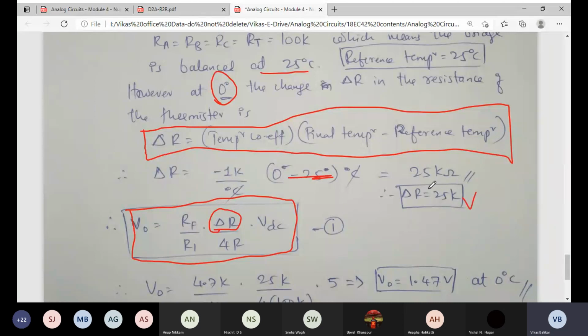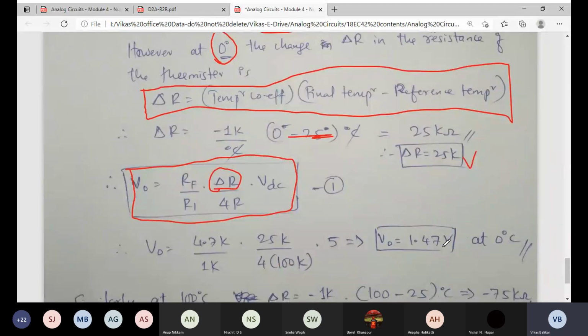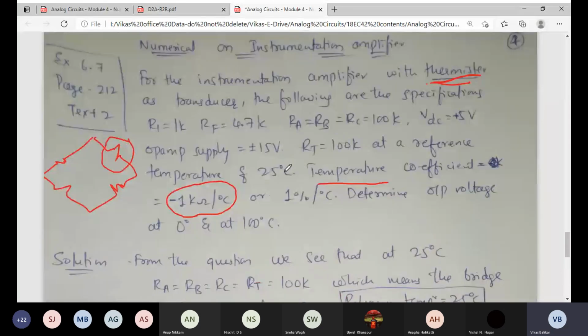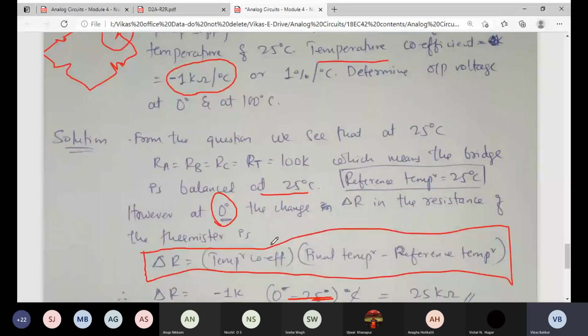When I substitute this delta R here, I am going to get the output voltage, that is 1.47 volt at 0 degree centigrade. So basically, at 25 degree centigrade the bridge was balanced, and after the change from 25 to 0 degree, the delta R, the change in the resistance, was 25 kilo ohm.